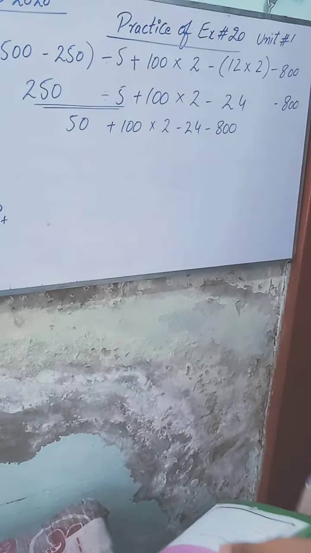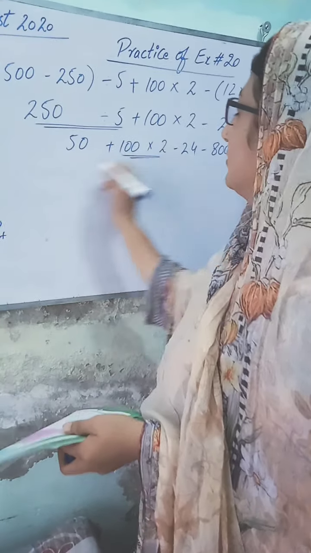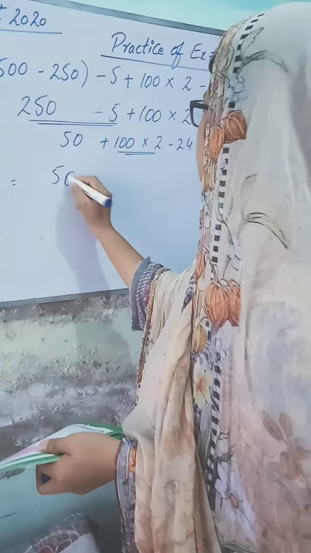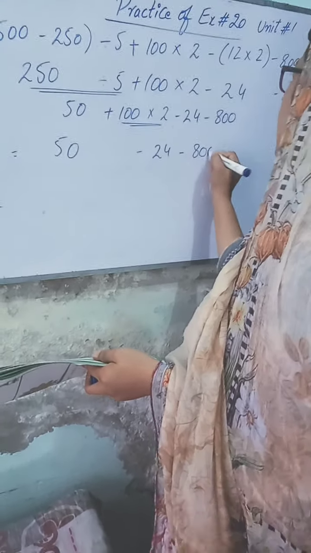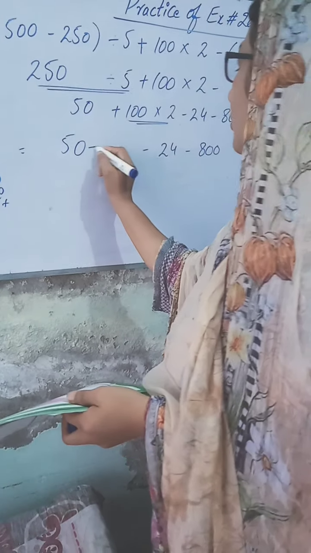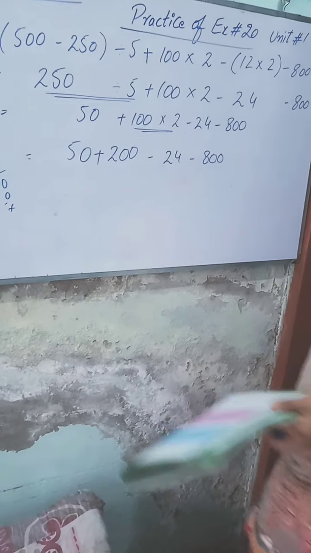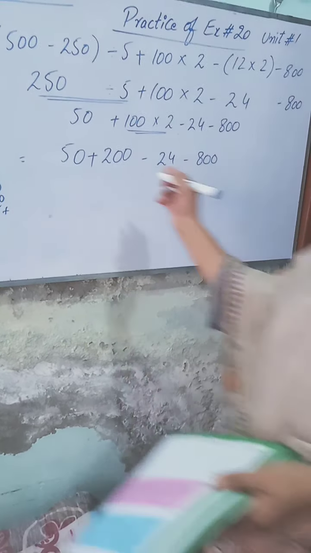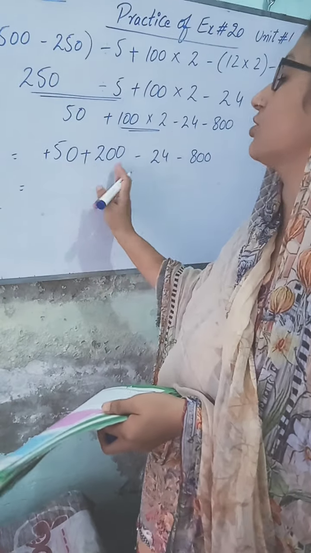Now students, in this question we will firstly solve the multiplication. Now 50 as it is, minus 24 as it is, minus 800 as it is. When we multiply 2 with 100, the answer is 200. So plus 200. Now students, in this one, first of all we will add, as this is addition and this is addition, so we'll add them.